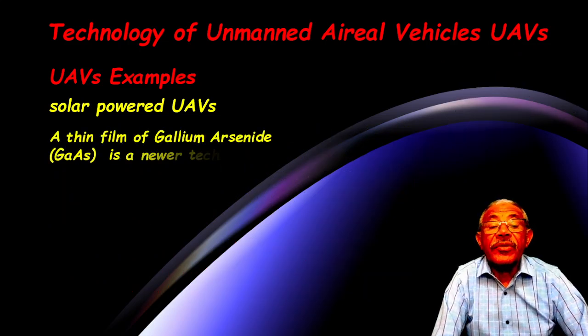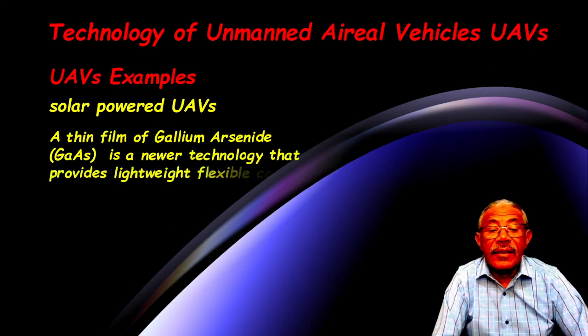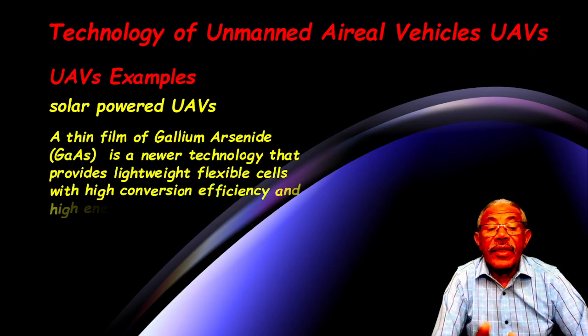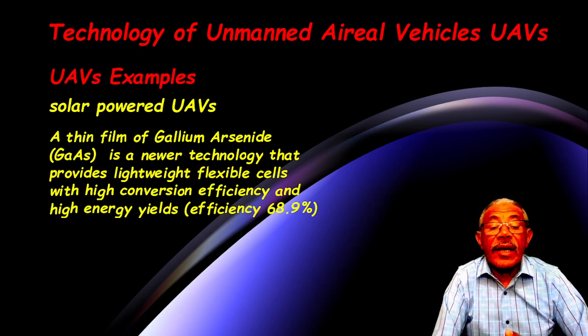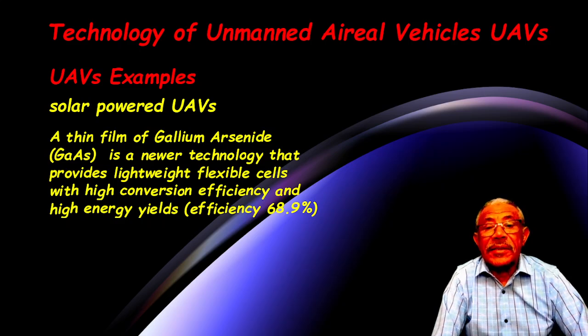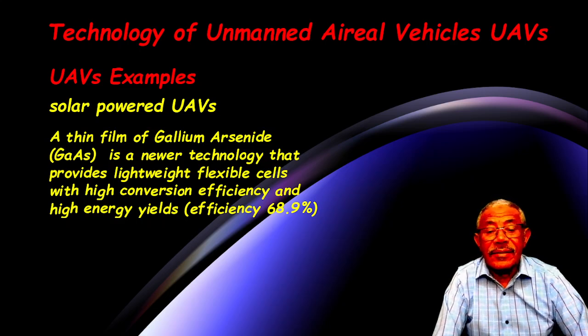A thin film of gallium arsenide is a newer technology that provides lightweight flexible cells with high conversion efficiency and high energy yields. Efficiency is about 68.9%, which is 3 times the efficiency of normal solar cells.